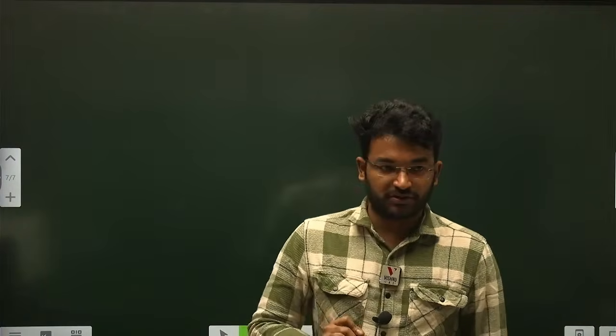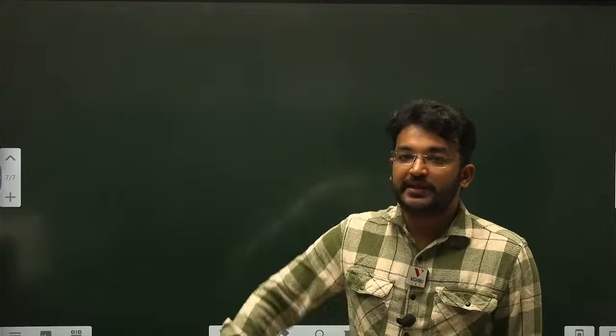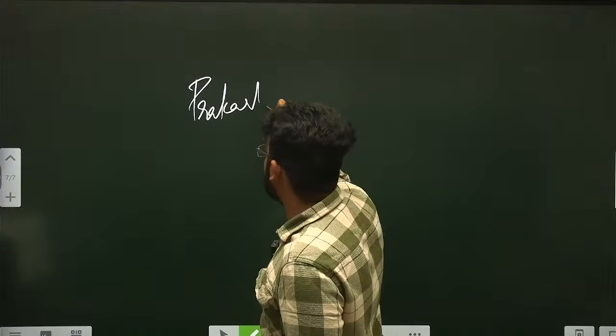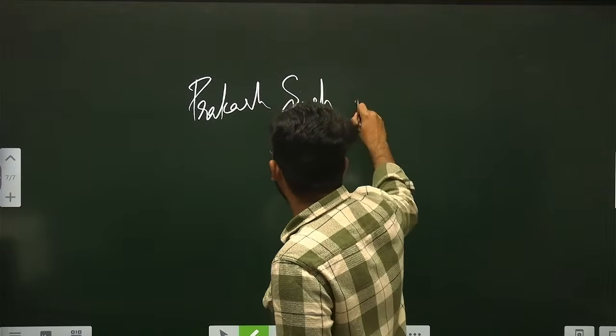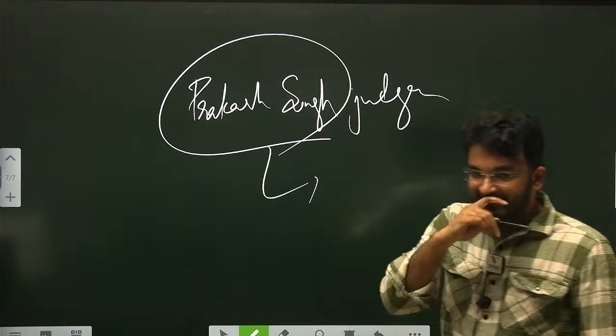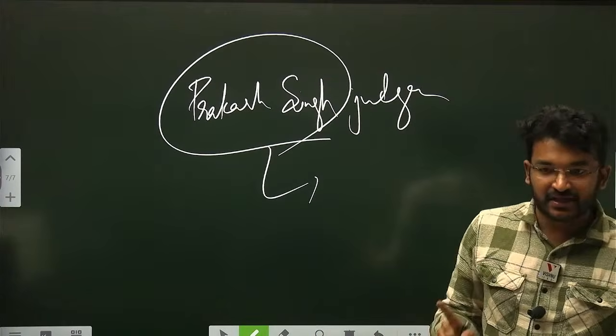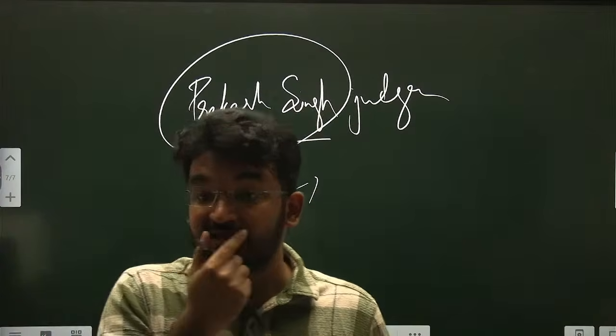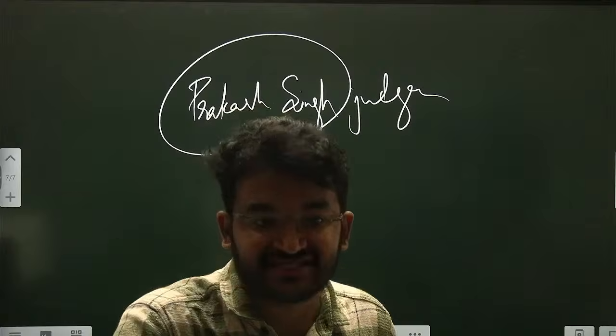Now this went to the Supreme Court. The Supreme Court, in a judgment called the Prakash Singh judgment, gave the Prakash Singh guidelines. This is very important. Now what are the guidelines? These guidelines clearly say how appointment must happen.